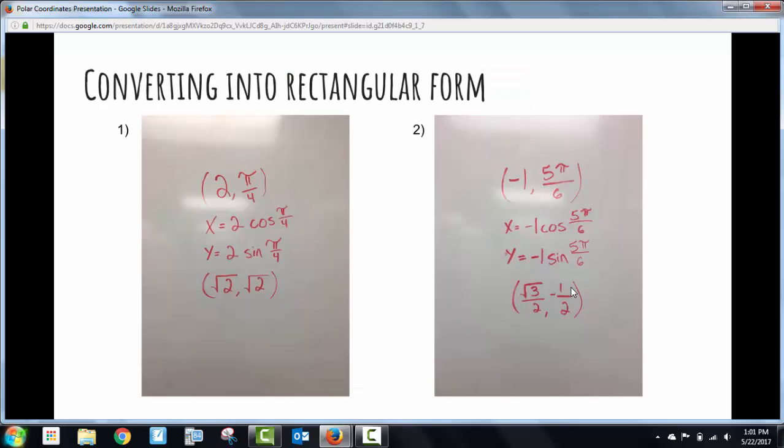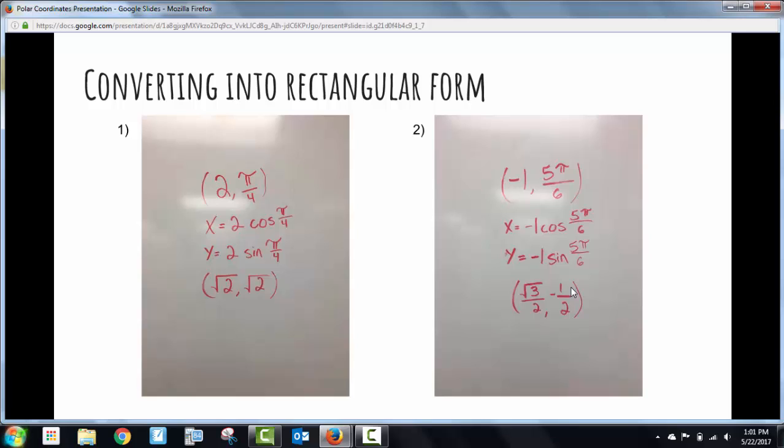When we convert polar coordinates into rectangular form, you take the coordinate, which is 2, pi over 4 in this example, and the 2 represents the r, or the radius, and then the pi over 4 represents theta, or the angle. You would plug that into x equals r cosine of theta, and y equals r sine of theta.